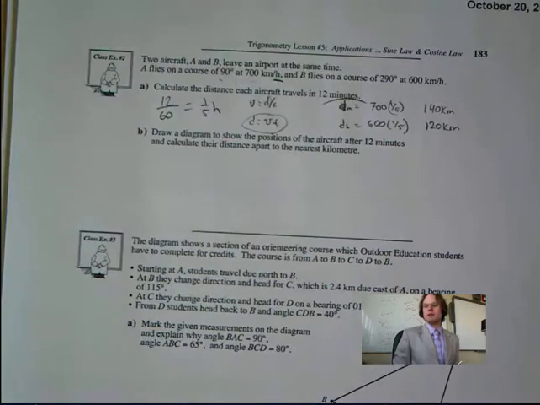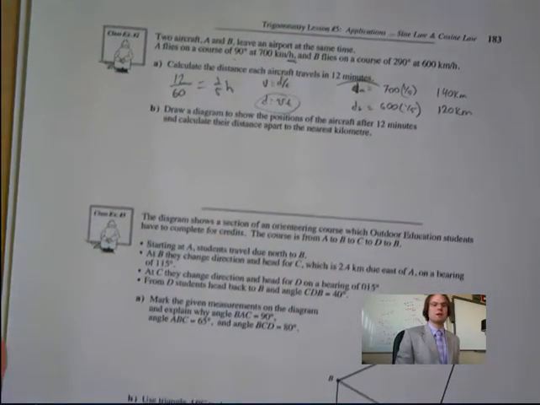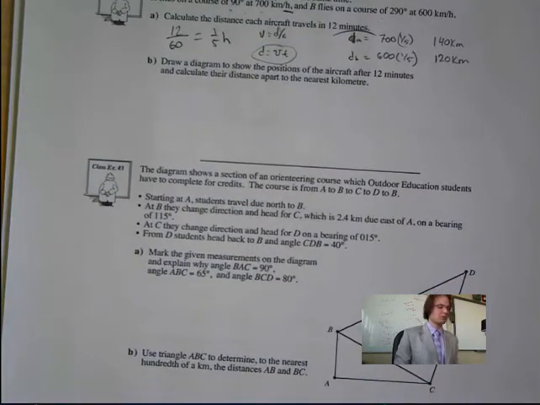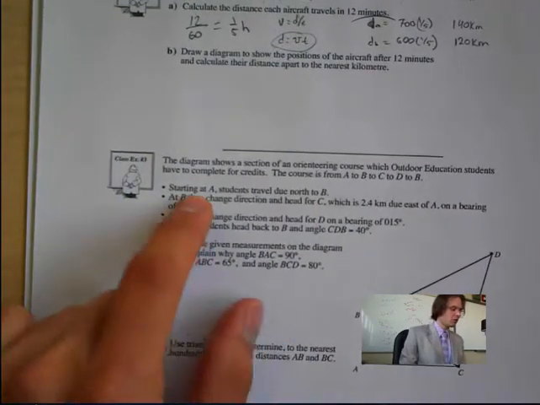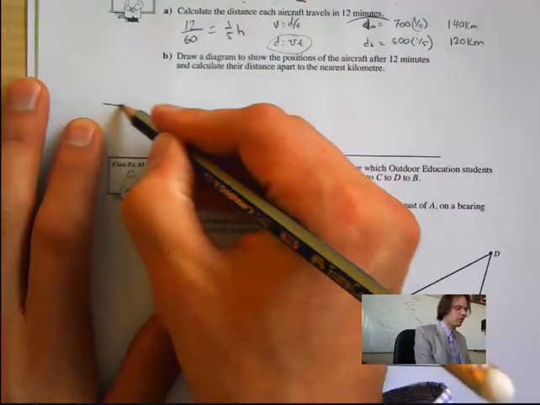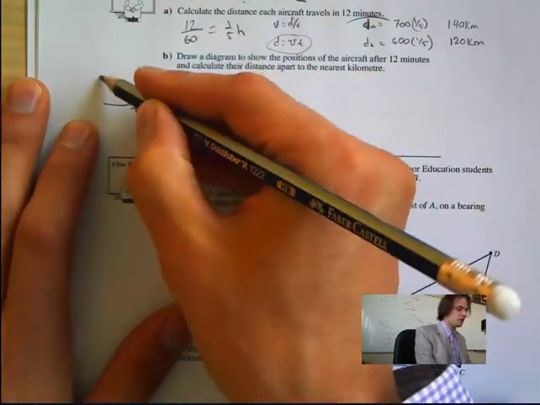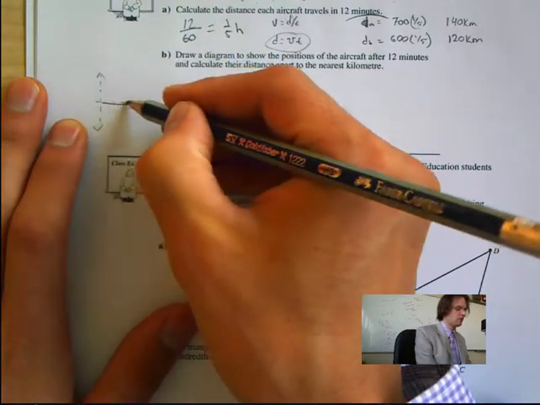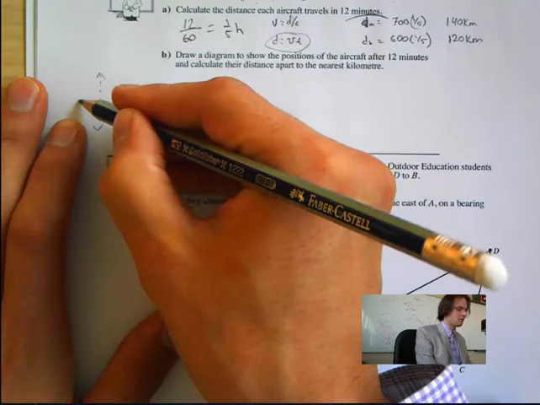Okay? So now for the next part, it says, draw a diagram to show the position of the aircraft after 12 minutes. Let's make the diagram. The first flight is going east. Let me make my little north, east, south, west.